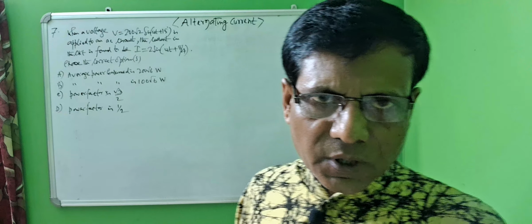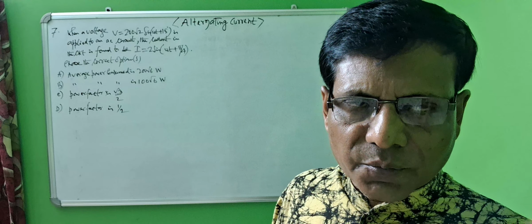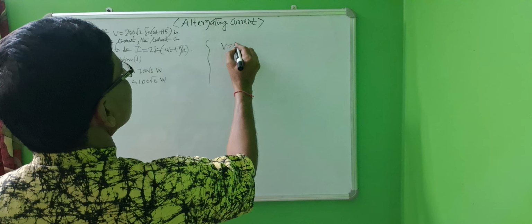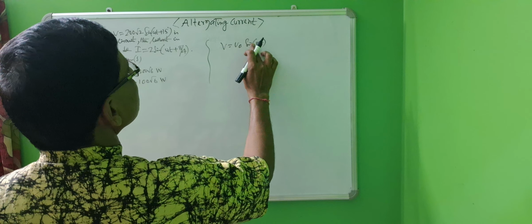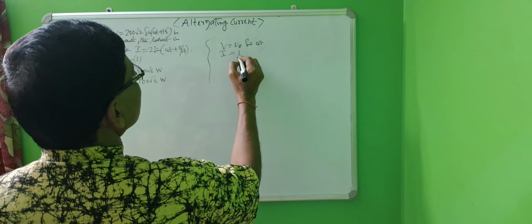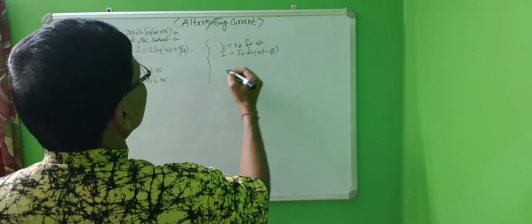Notice the previous problem, where there was V equal to V0 sine of omega t, I equals I0 sine of (omega t minus phi).